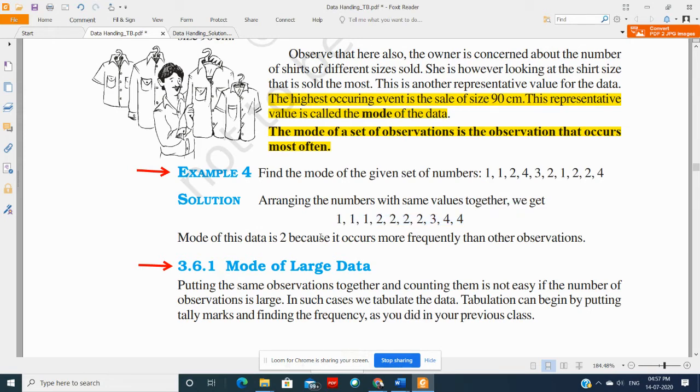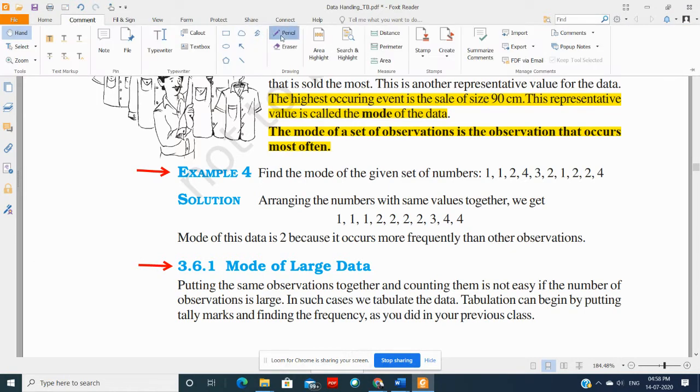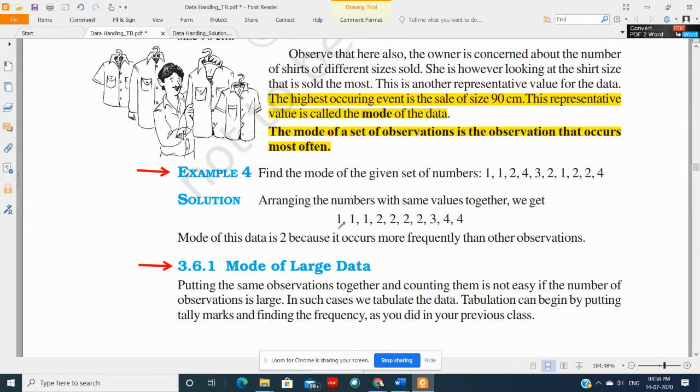So we can say that 1 is 3 times, 2 is 4 times, 3 is 1 time and 4 is 2 times. All right, let me just mark it for you so that it would be easy. All right, so 1 is 3 times, 2 is 4 times, 3 is 1 time, and 4 is 2 times, right?